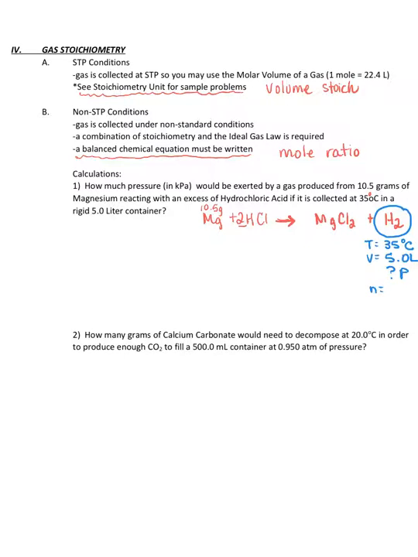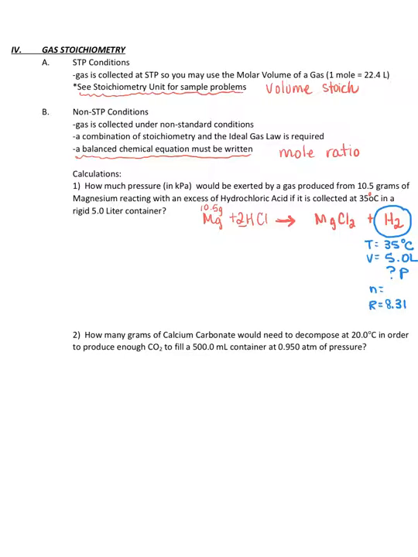And they want the P in kPa, so the R that we're going to use is 8.31, because that's the one that matches with kPa. So right now we can't use the ideal gas law yet because we don't know n.